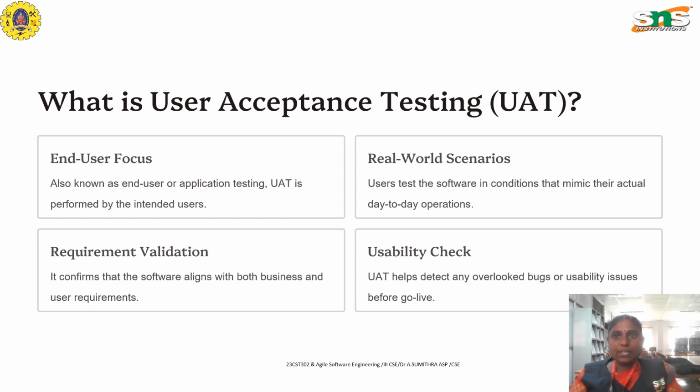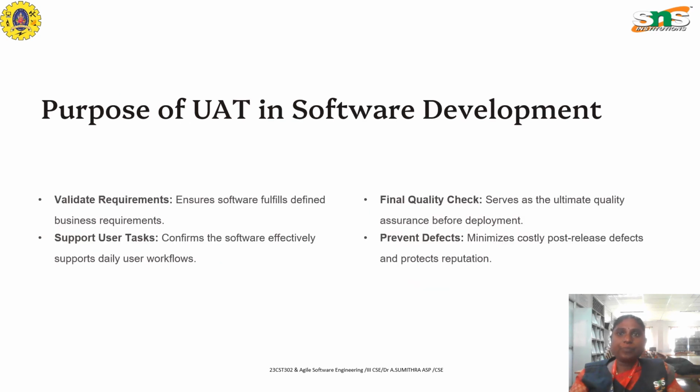Support user task checks if the software helps users complete their daily workflow efficiently. Final quality check: UAT is the last chance to catch the issue before deployment. Prevents defects: by catching a problem early, UAT reduces the cost of fixes after release and protects the product company's reputation.